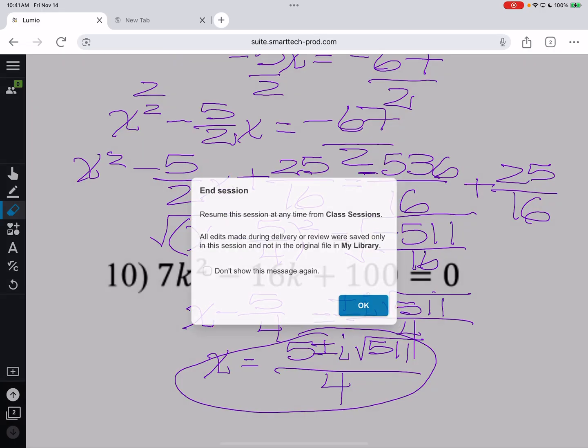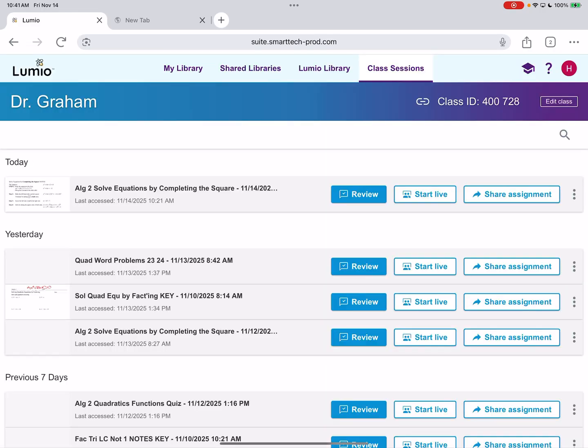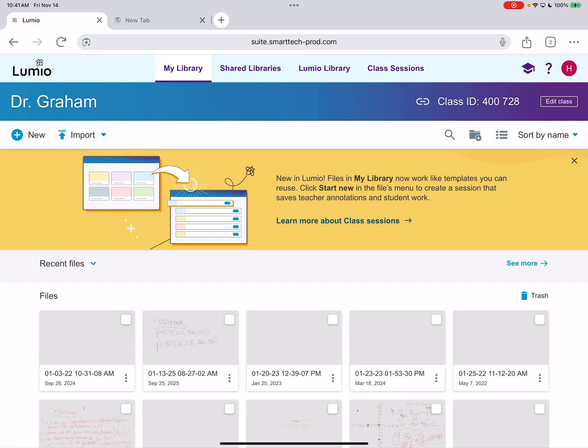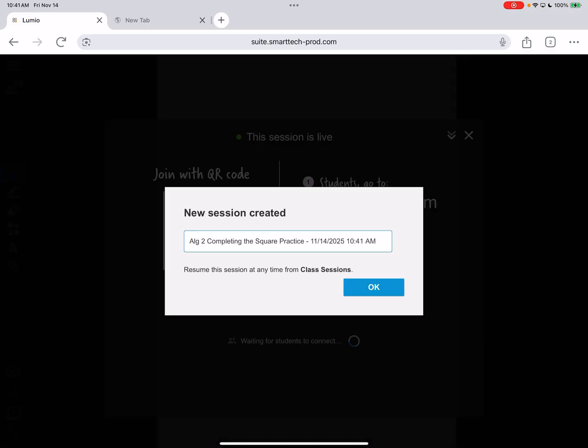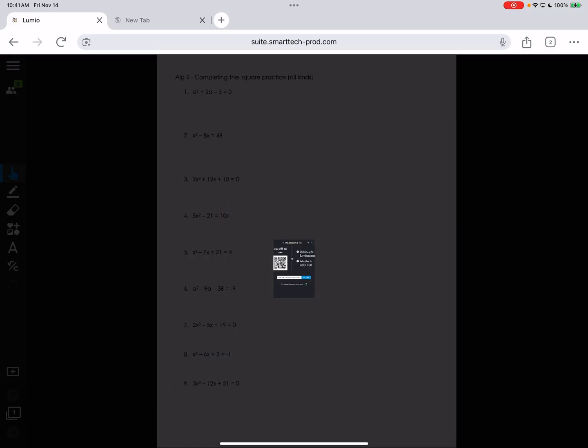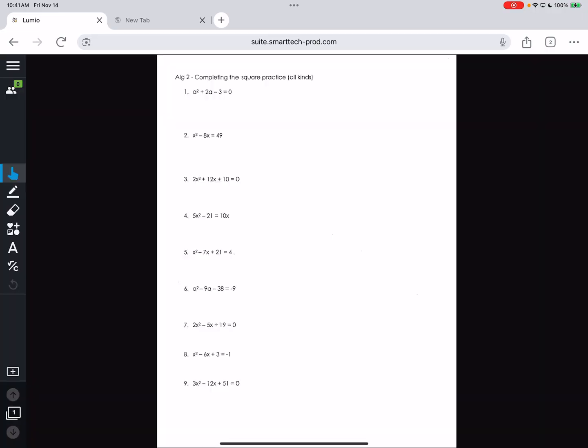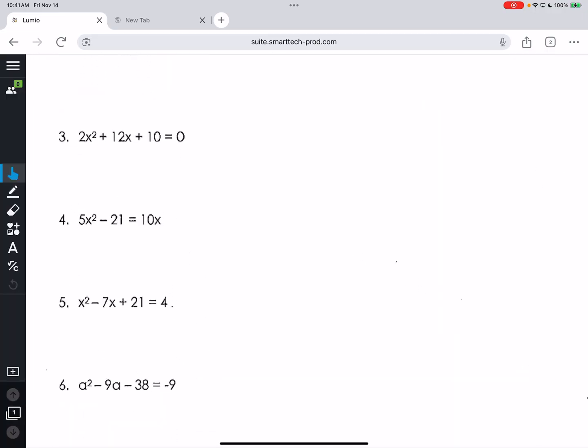What did you do with that, Harper? What is this website? Is this where you get your worksheets from? Well, this is where I load them. I have them elsewhere. It's just where I load them up.